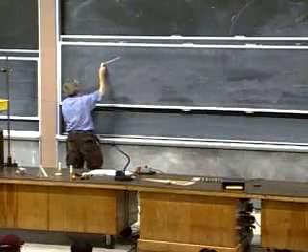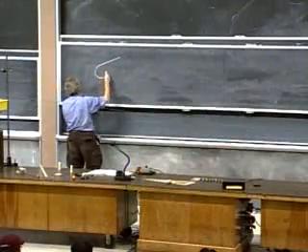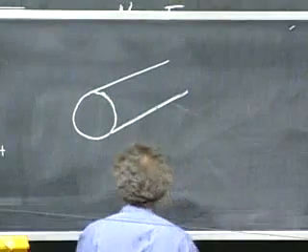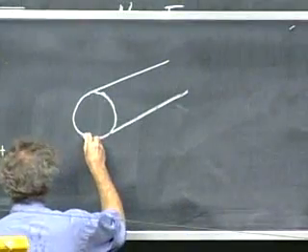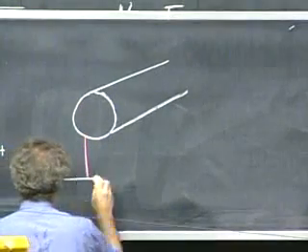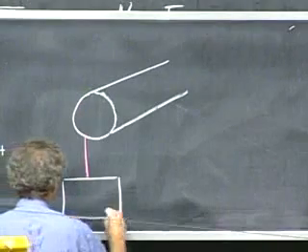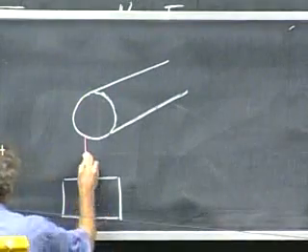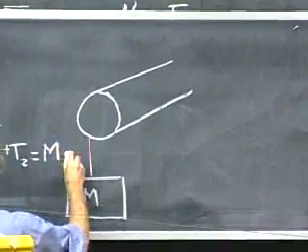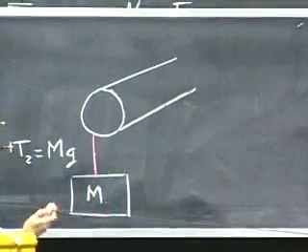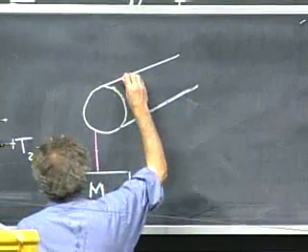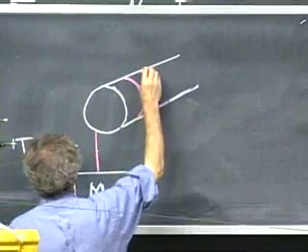Here is this rod. It doesn't have to be horizontal as this one. And I hang on this side of the rod, I hang with a string, a very massive object. Capital M. So the tension here, T2, would be Mg, assuming that it is not accelerated, that it is at rest. I wrap this rope around here several times.